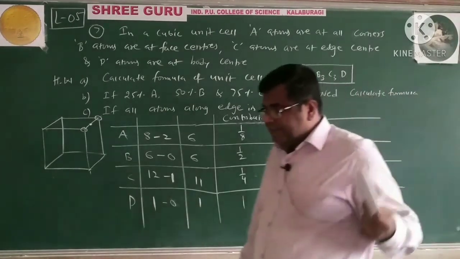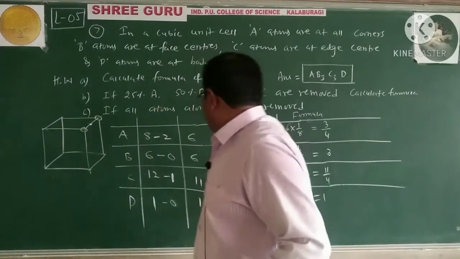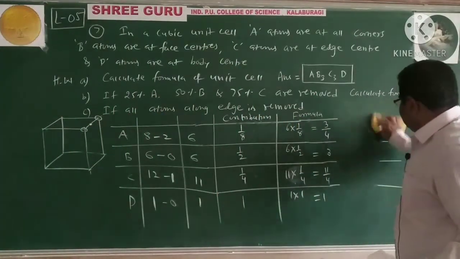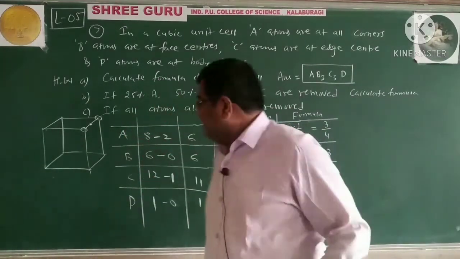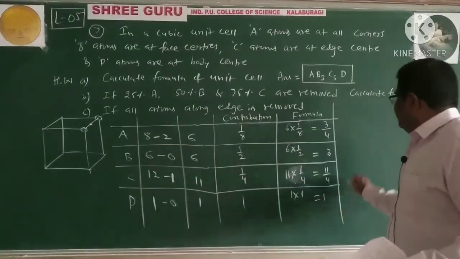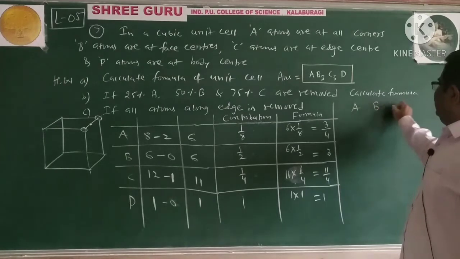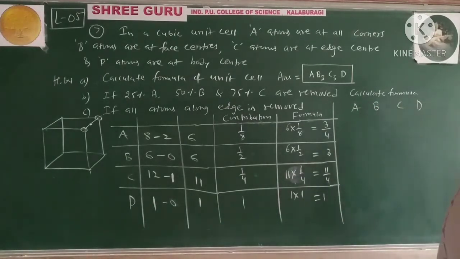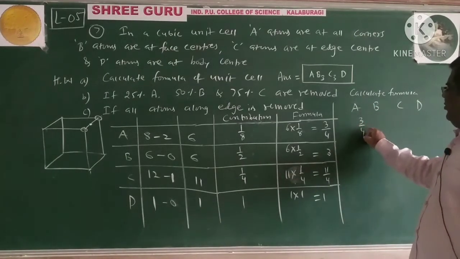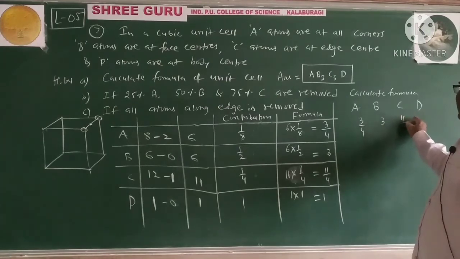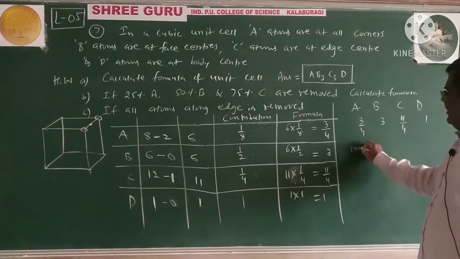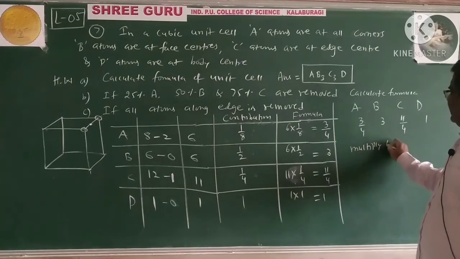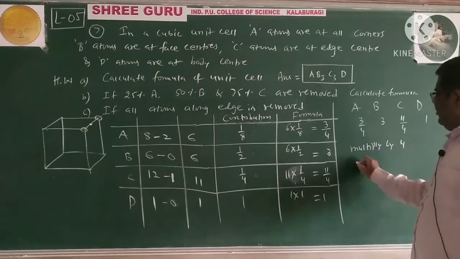So what we are getting here is A, B, C, D. A is 3 by 4, 3, 11 by 4, 1. Multiply by 4.